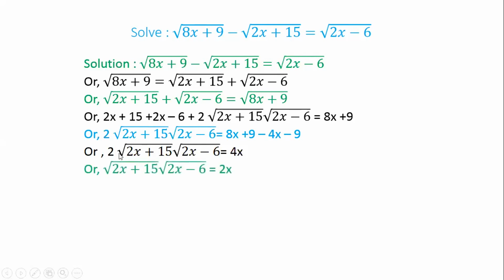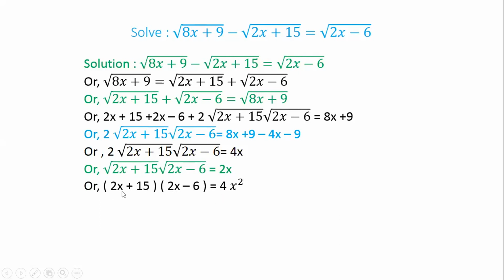If we divide this equation by 2, then we get root over 2x plus 15 root over 2x minus 6 equal to 2x. If we take the square on both sides, we get 2x plus 15 into 2x minus 6 equal to 4x square.